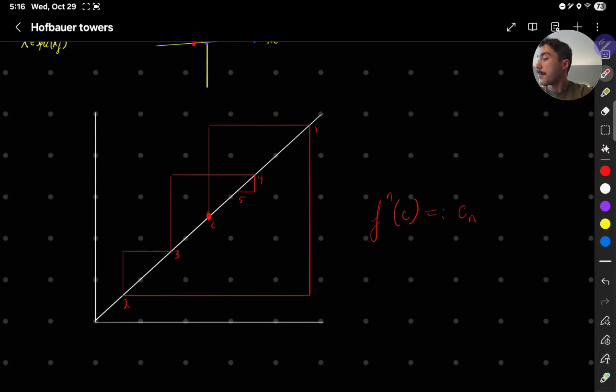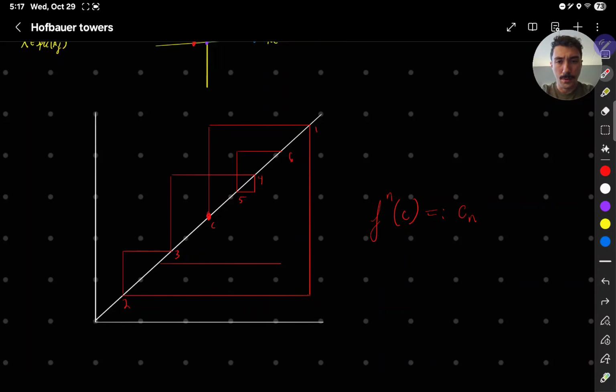C6 lies above C4. C7 is above 2 and below 3, closer to 2 than to 3, or closer to 3 than to 2. Let's draw that right. Fix these a bit.